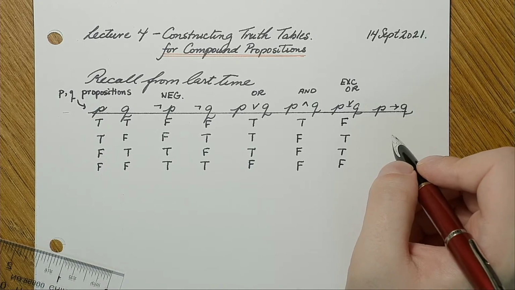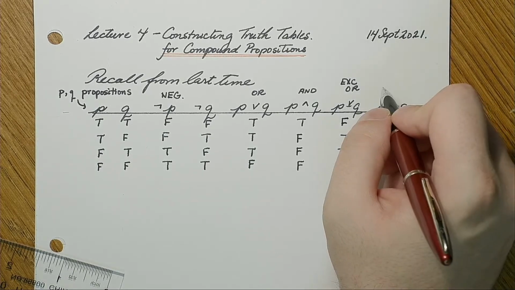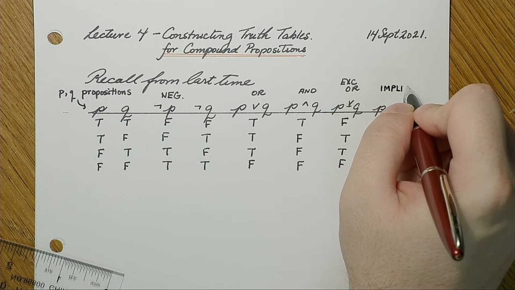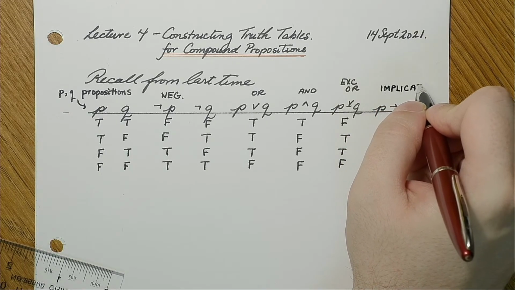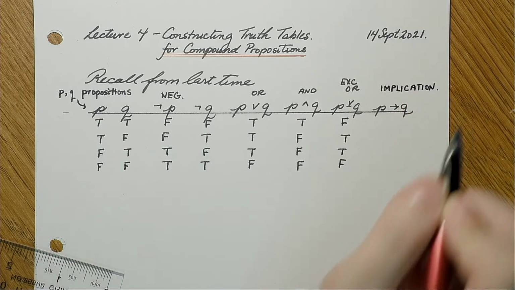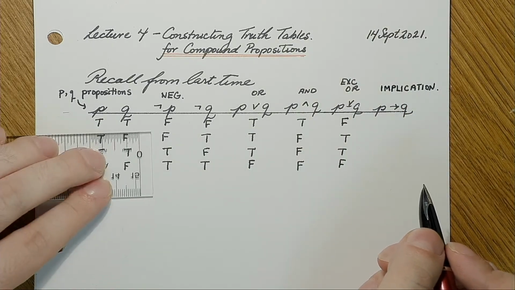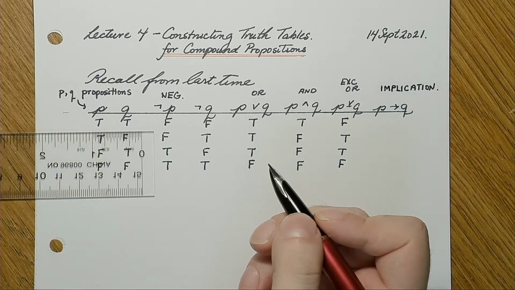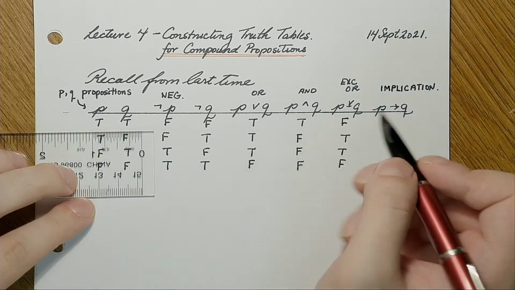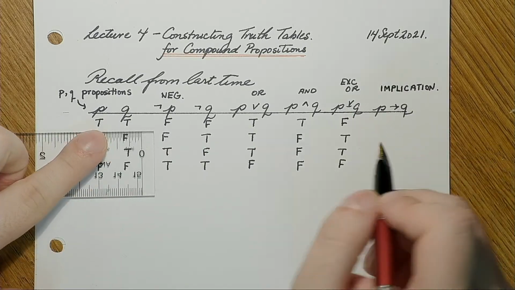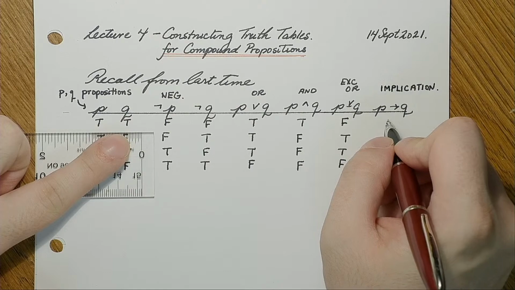And lastly, we have the implication. And with that, again, thinking of your poison ivy idea, which is I stepped in poison ivy, I got a rash. So I stepped in poison ivy, I got a rash, that's true.